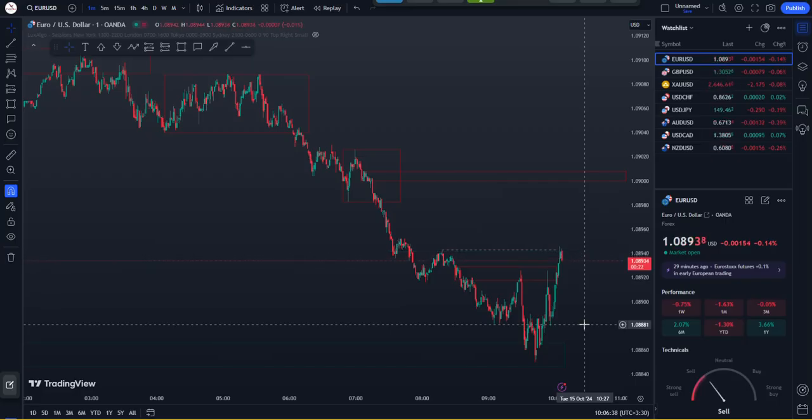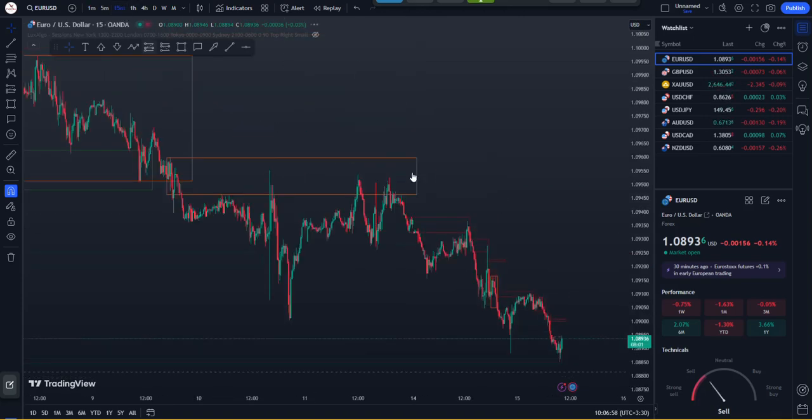So actually I'm waiting for price back to here and engulf some things here again. Not sure about that.